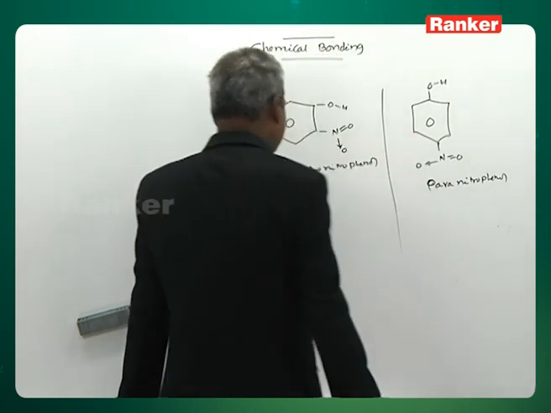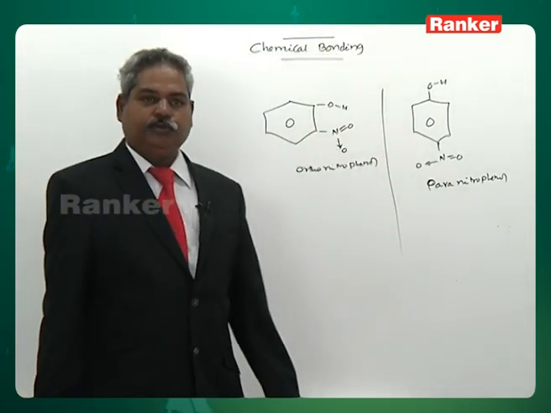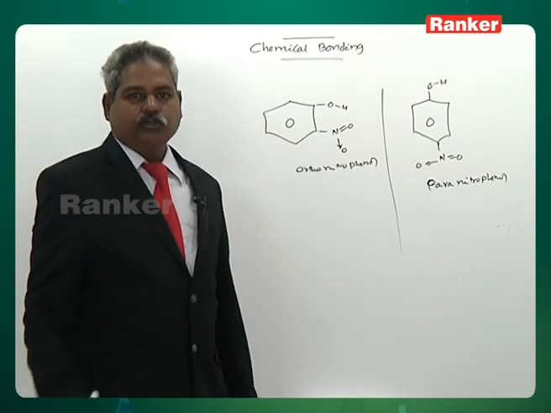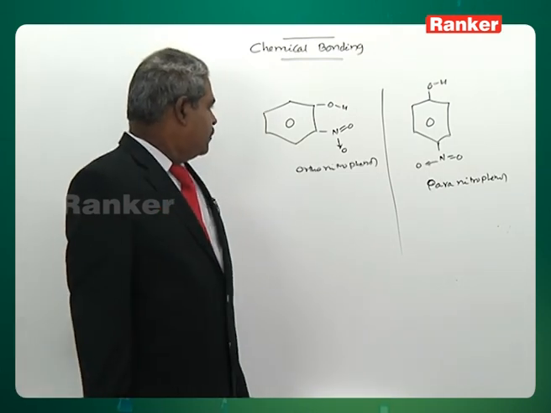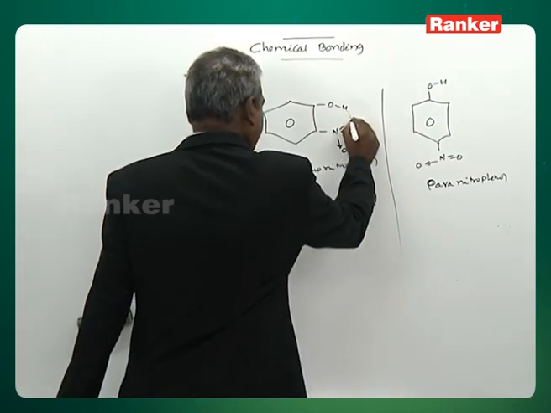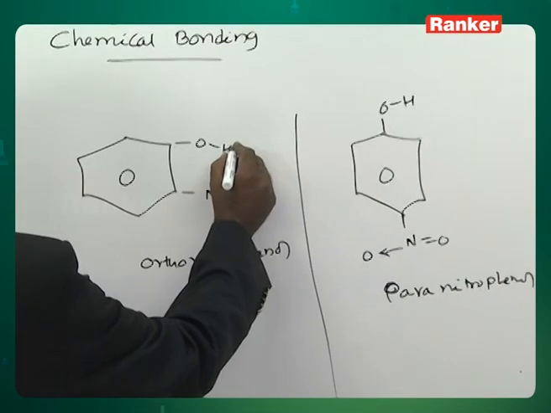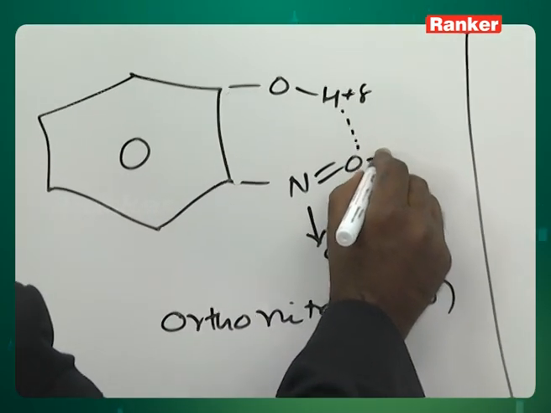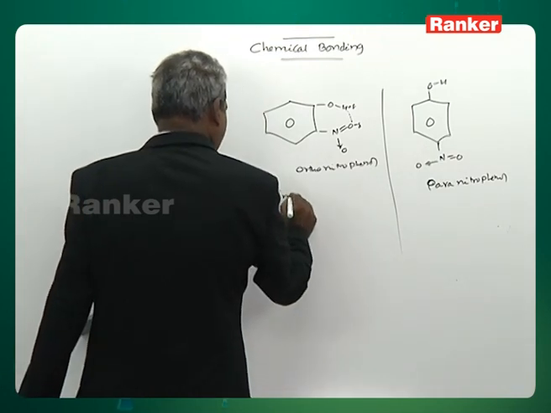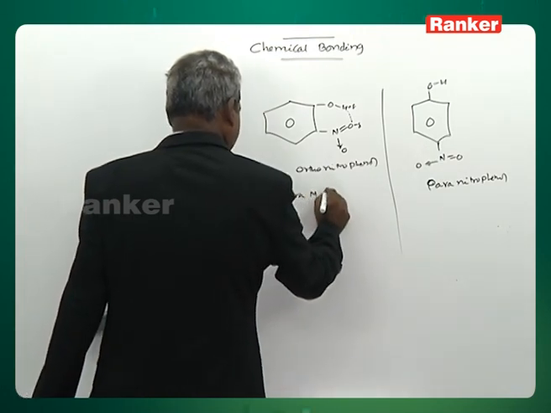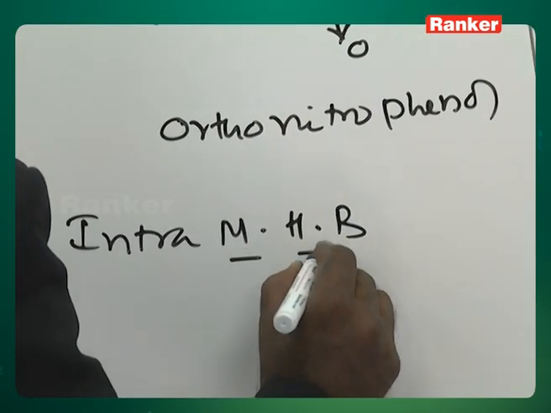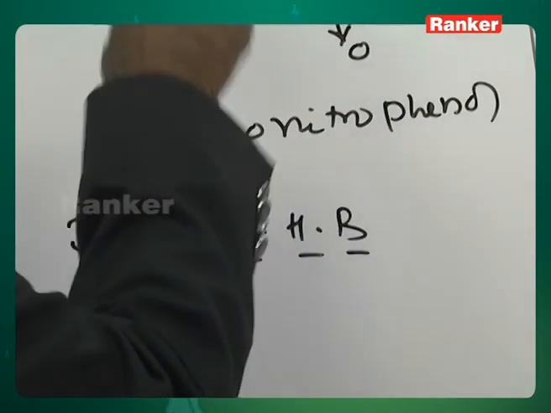Look here. Whose boiling point is more? Both of them have the same formula, same molecular weight, but here you have attraction between these two, H plus delta and O minus delta. This is called intramolecular hydrogen bond. Intra, within the same molecule.